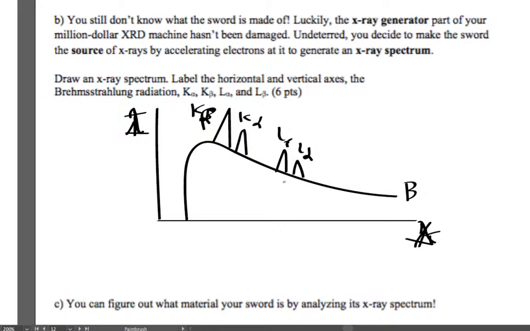The K beta first and then the K alpha, because of my knowledge of energy levels. It's all about dropping. K beta would drop from a much higher energy level, from level M to level K. And for L beta it's N to L, which is pretty high as well.